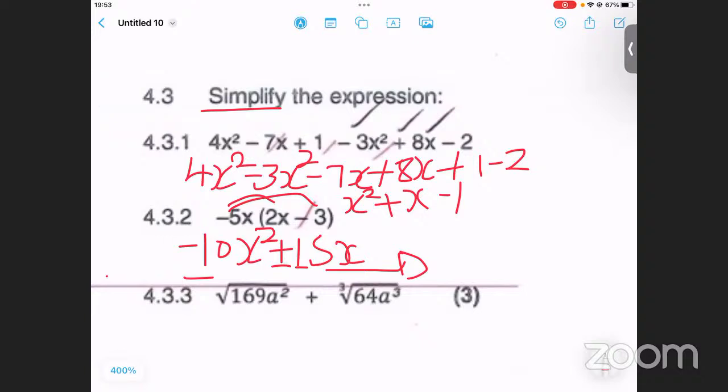Okay, right. So you got the square root of 169, which was 13. And then for you to get a, you said a to the power of 2 minus 1. Is that what you said? Yes, ma'am. I think I said divided. Divided by what? 2?